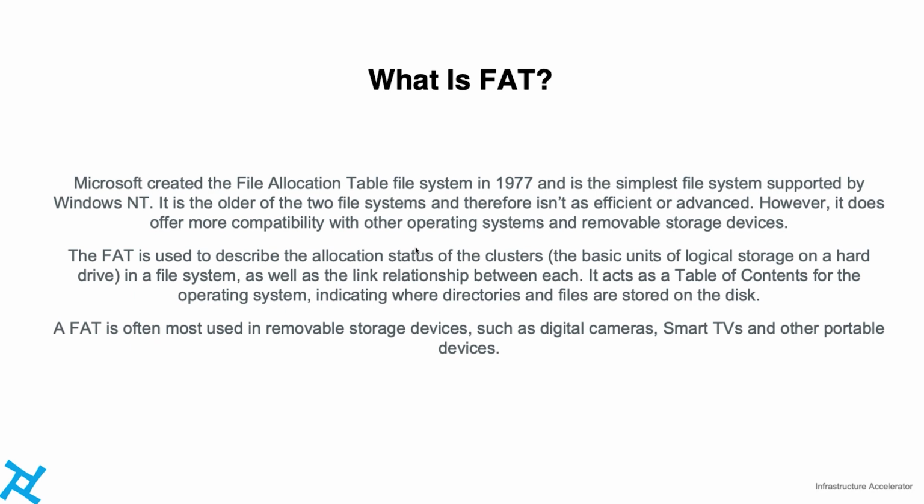A FAT is often most used in removable storage devices such as digital cameras, smart TVs, and other portable devices. So a FAT file system, however, you're going to learn that NTFS has replaced it mostly in terms of Windows computers, but a FAT file system is still being used in a lot of digital cameras and smart TVs and other portable devices.